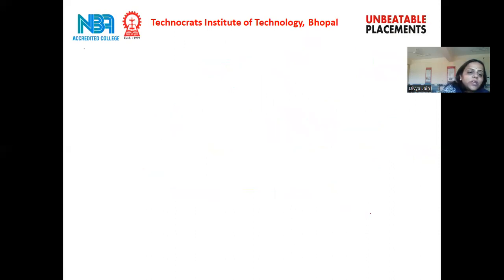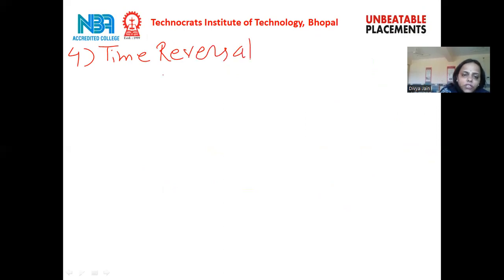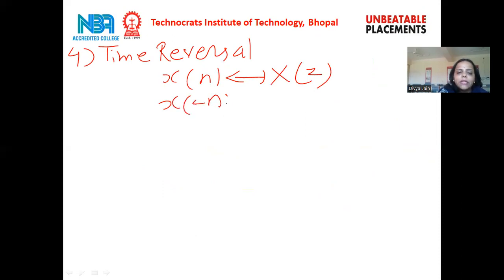Now the next property is the time reversal property. It says if the Z transform of x[n] is X(z), then the Z transform of x[minus n] is X(z inverse).